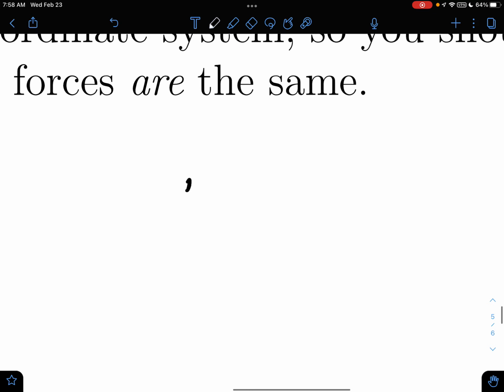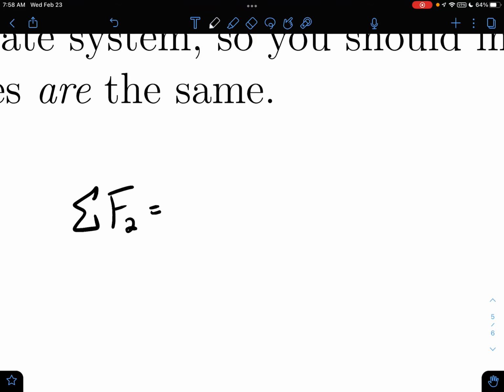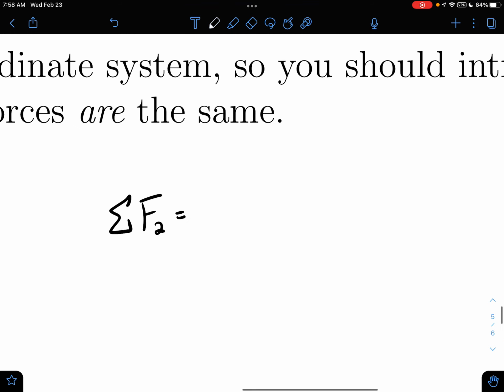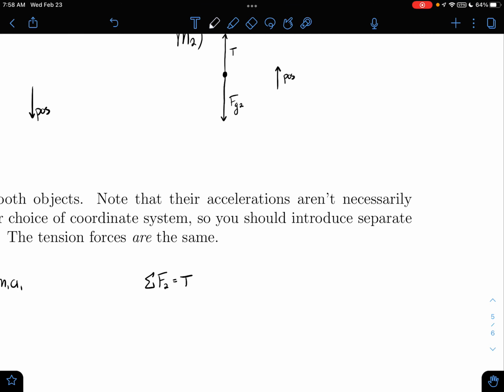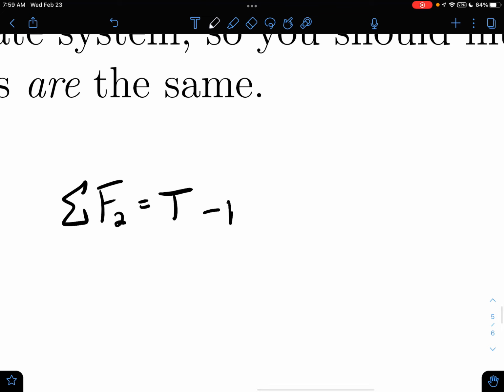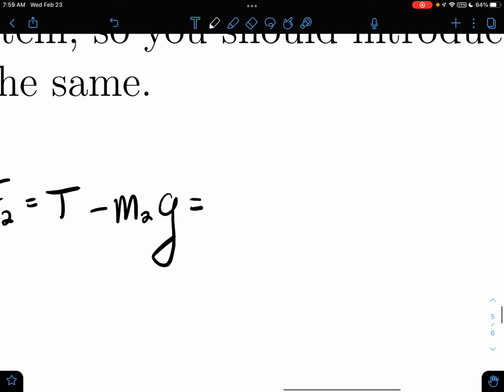We can do the same thing for mass 2. The sum of forces on number 2, acting in the positive direction, is our tension plus a negative FG2, so negative M2G, and that equals M2A2.